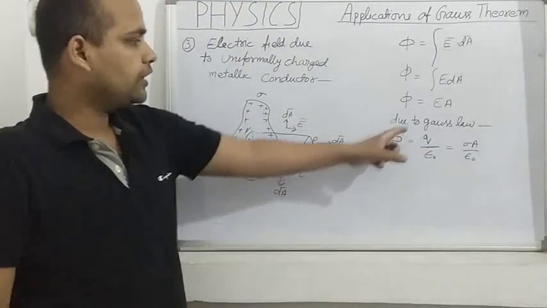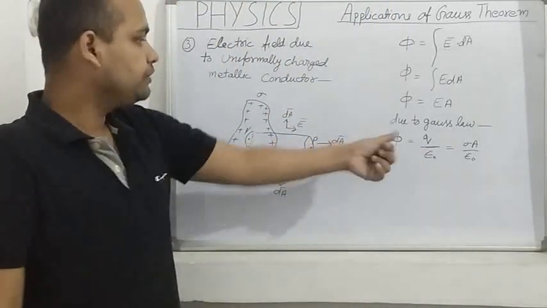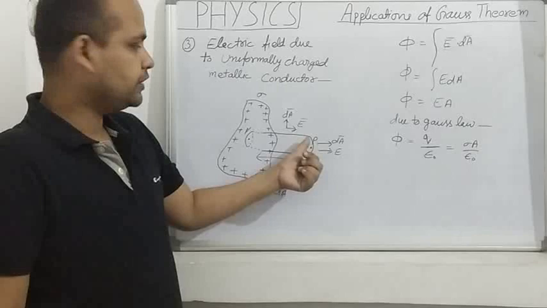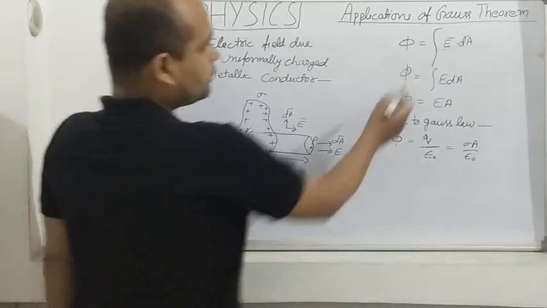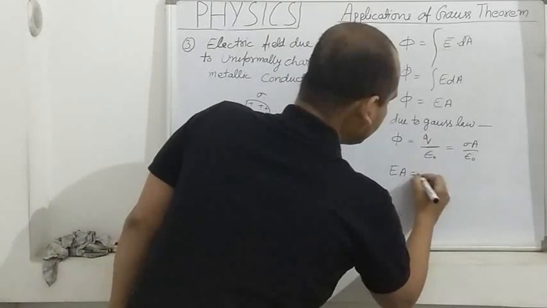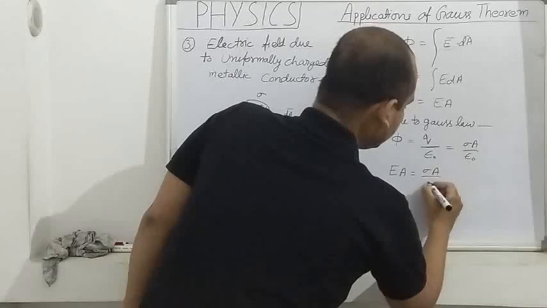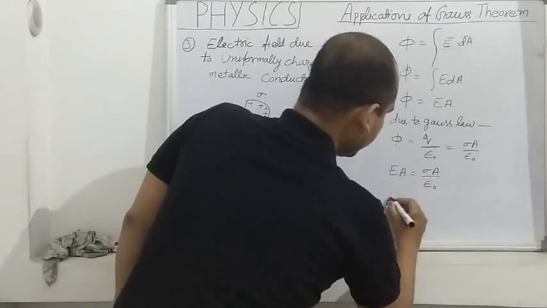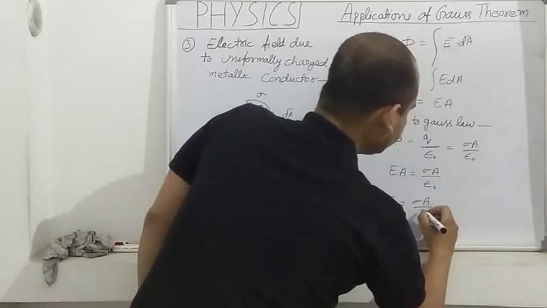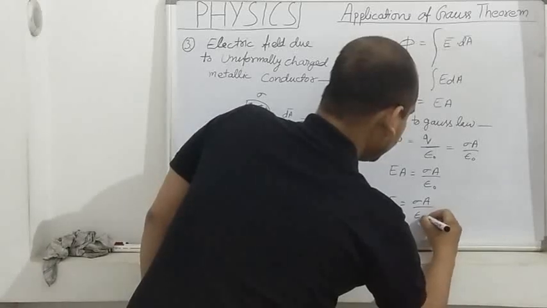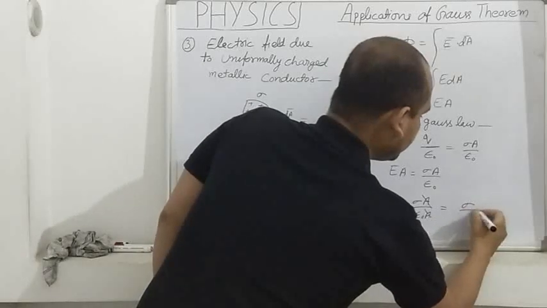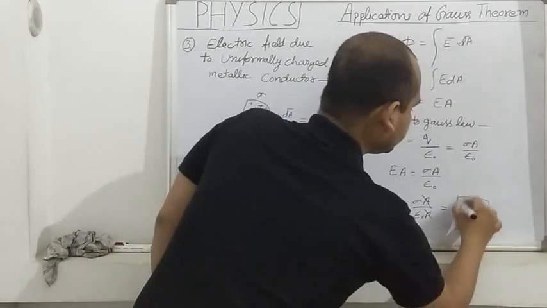Q will be equal to sigma A, charge density into area of the plane face. We'll equate these two, we'll get EA is equal to sigma A upon epsilon naught, and finally we'll get E is equal to sigma A upon epsilon naught A. From here A will be cancelled and we'll get sigma upon epsilon naught.